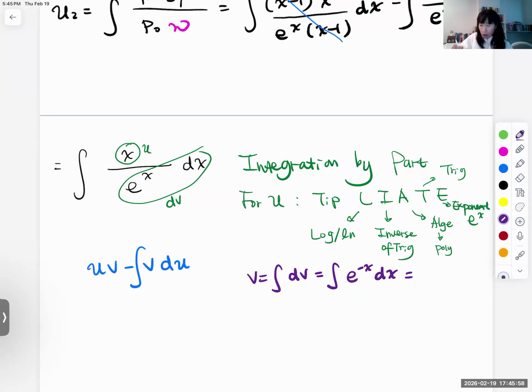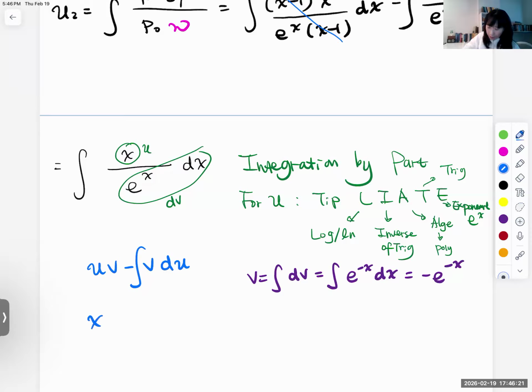Okay, then what's the integral of e to the negative x power? So it's e to the negative x over negative 1, which is the same as negative e to the negative x power, right? So negative e to the negative x power. Okay, now let us do this.